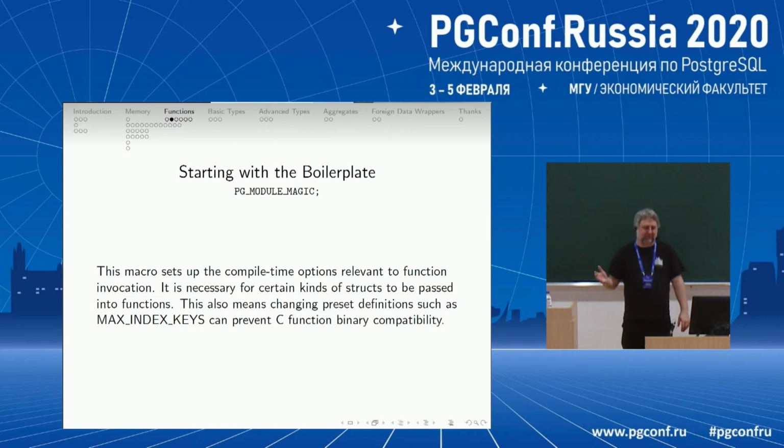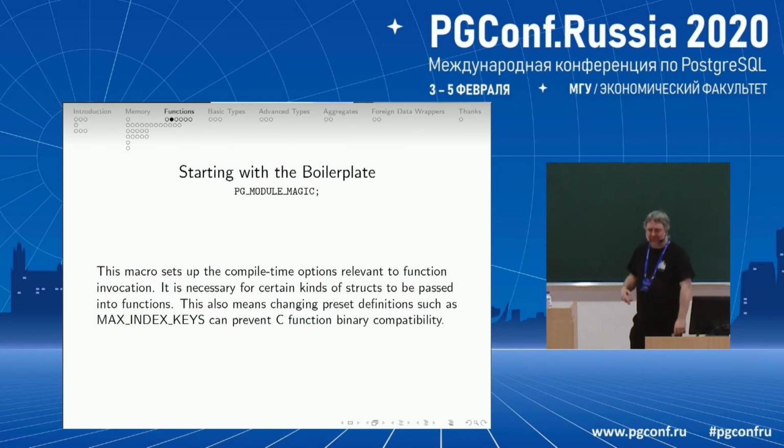Anybody who's tried to do this before has certainly run into this. How many people here have actually looked up the macro definition? Nobody? Okay, so the macro definition basically just expands to a function that returns a particular structure with predefined values from other macros.